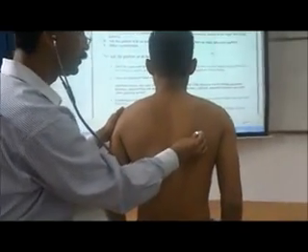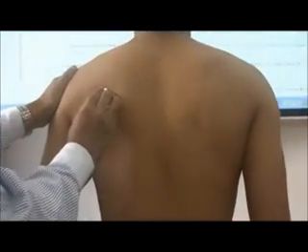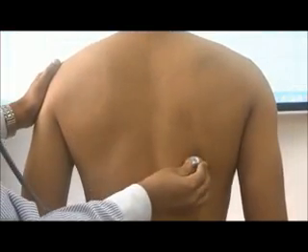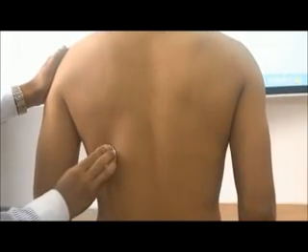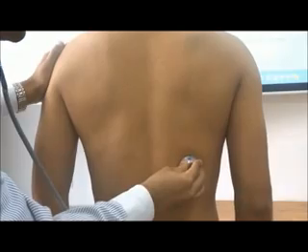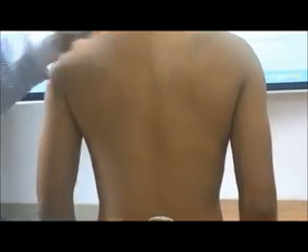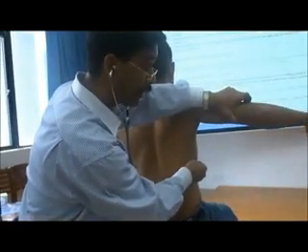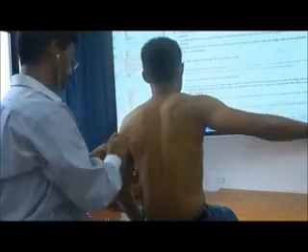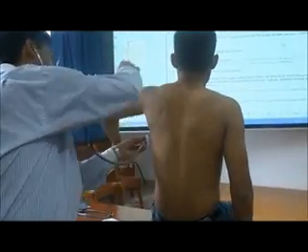Deep breath. And then you need to check the mid-axillary line. Deep breath.